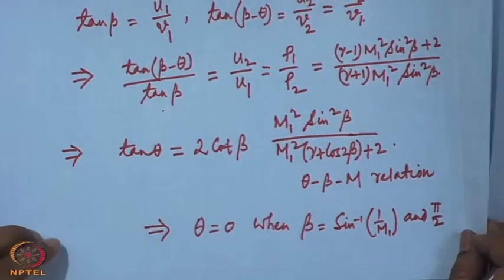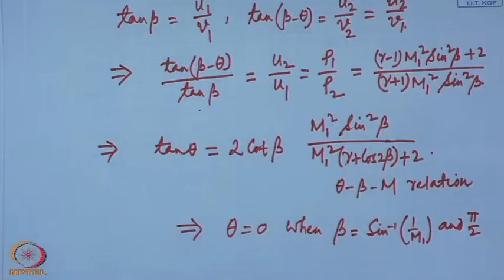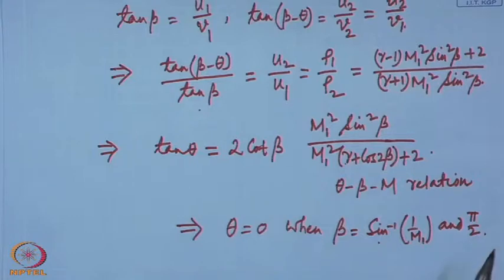Now, this theta beta m relation also shows that within this range of beta, that is beta lying between sin inverse 1 by m 1 and pi by 2, the theta is positive, and since theta is 0 at both the lowest value as well as the highest value of beta, obviously, theta must have a maximum within this range of beta.